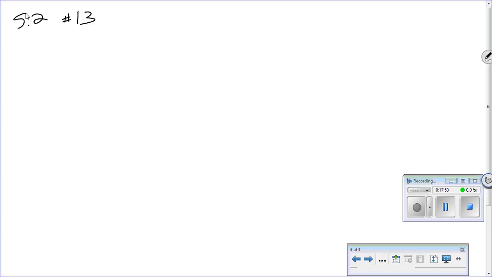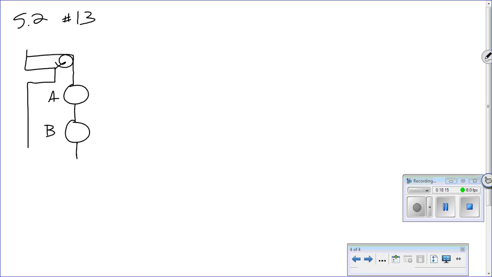Okay. So for number 13, we've got these 4, what are they, just masses? Does it say what they are? Discs. Ah, very good. So here's disk A, disk B, disk C, and disk D. All right. So it says the longer top cord loops over a frictionless pulley and pulls with a force of magnitude 98 newtons.